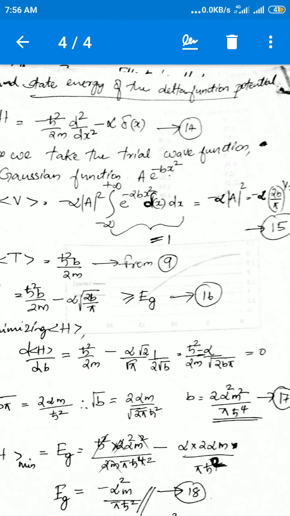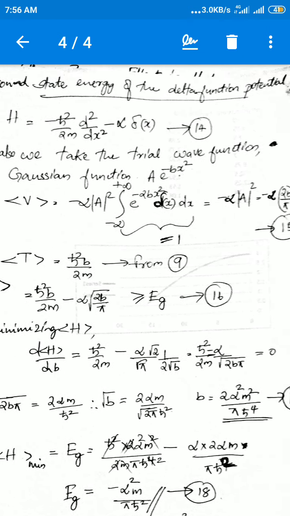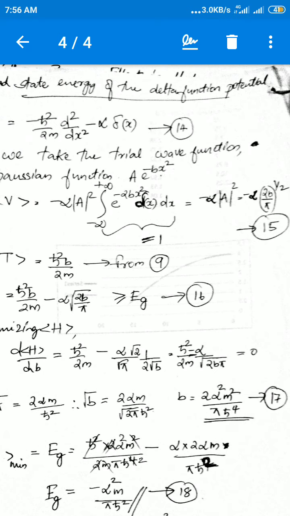If you find the potential energy expectation, it will be minus alpha modulus a square times the integral from minus infinity to plus infinity of e raised to minus 2bx square delta x dx, isn't it? So that integration is equal to 1. Remember that. So we can write V expectation as minus alpha modulus a square.